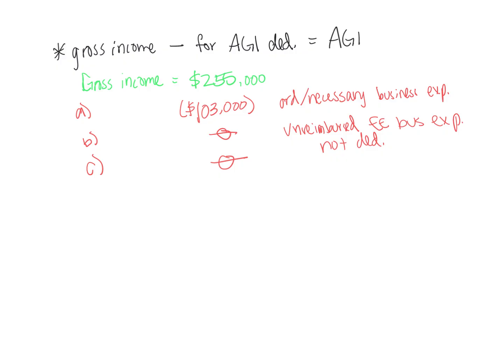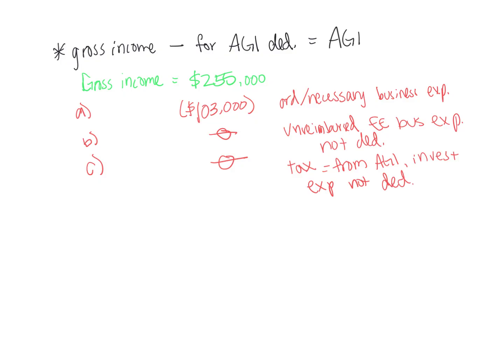The second part of that fact pattern, the $200 of expenses and travel costs, are considered investment expenses, and investment expenses are not deductible. So: taxes are from AGI, and investment expenses, not.